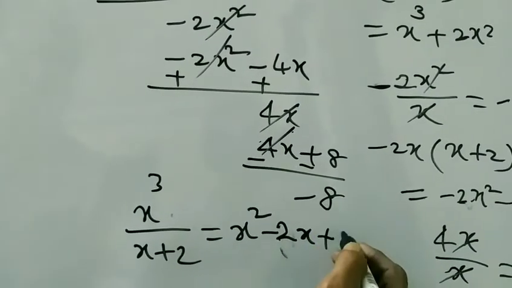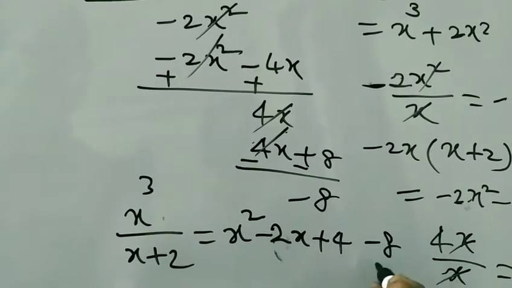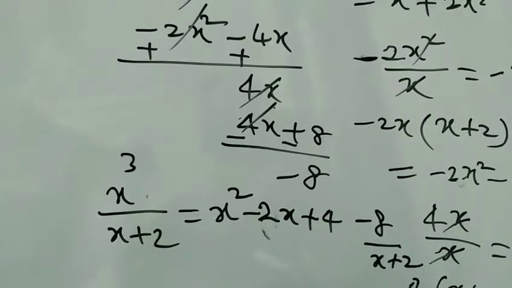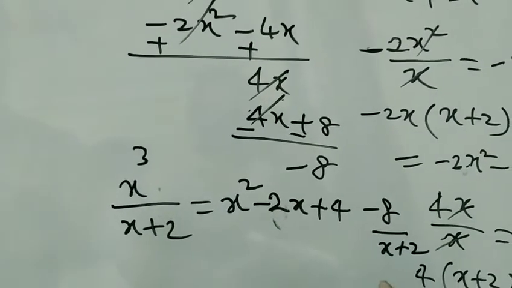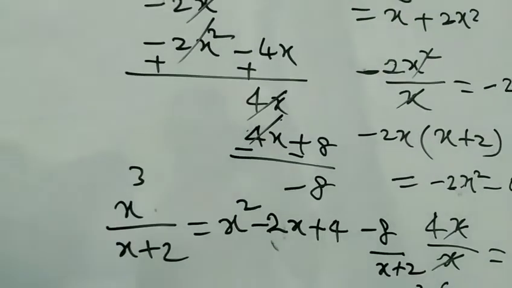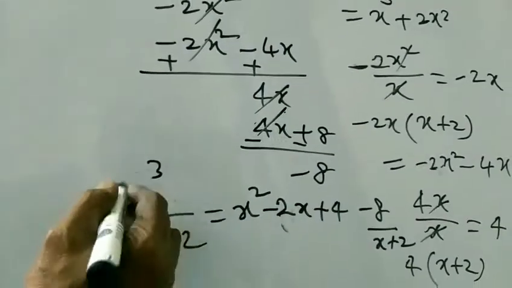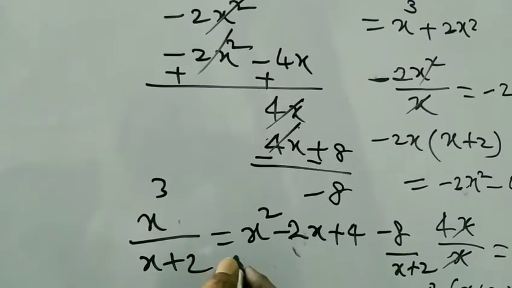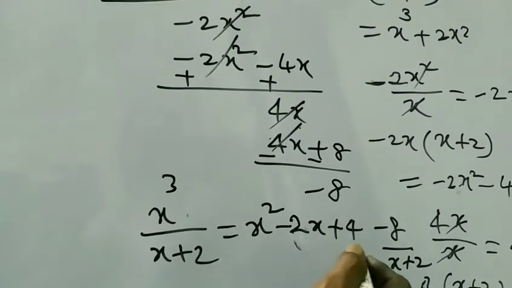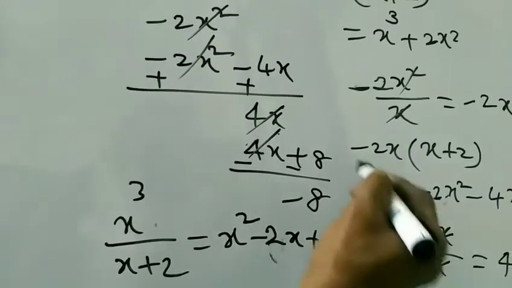X cube by x plus 2 is equal to x square minus 2x plus 4 minus 8 by x plus 2.